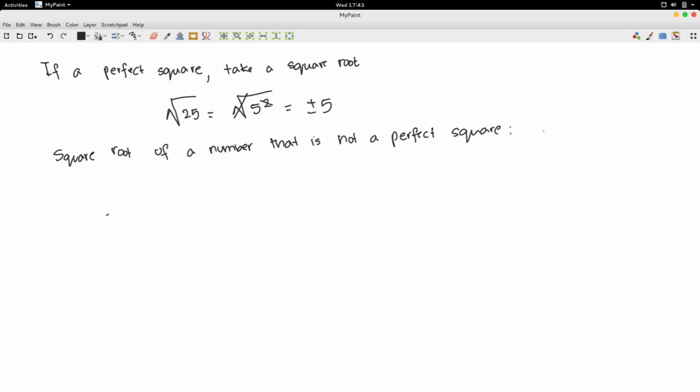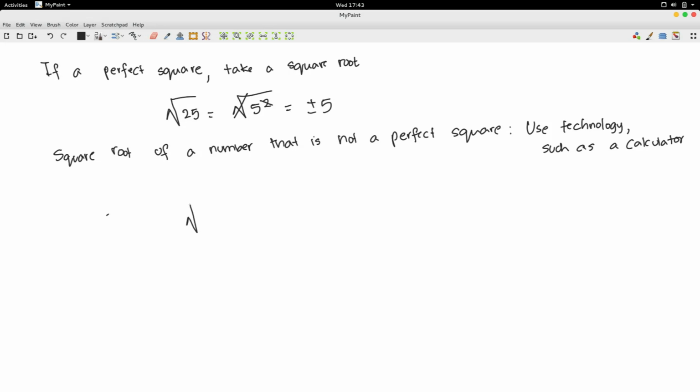Even though there are methods for this, the easiest way would be to use technology, such as a calculator. An easier way to know the answer to a square root is to guess at times.